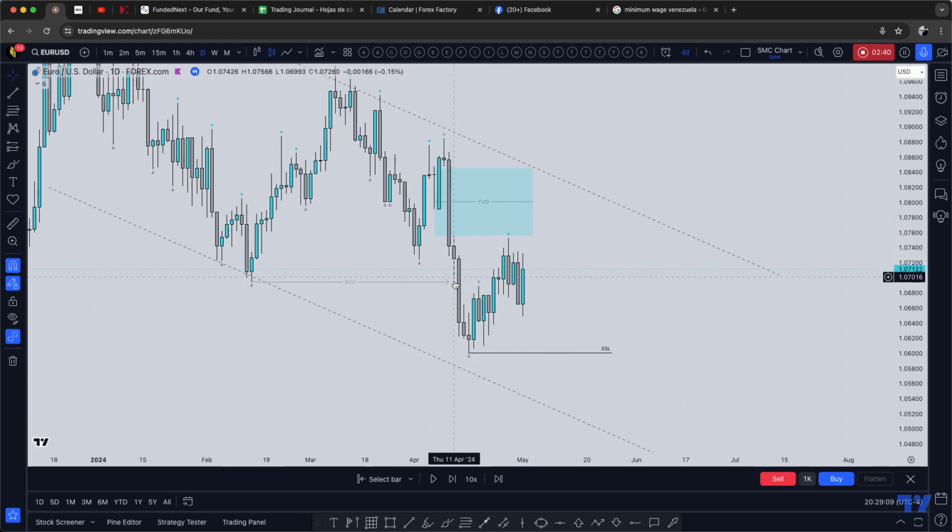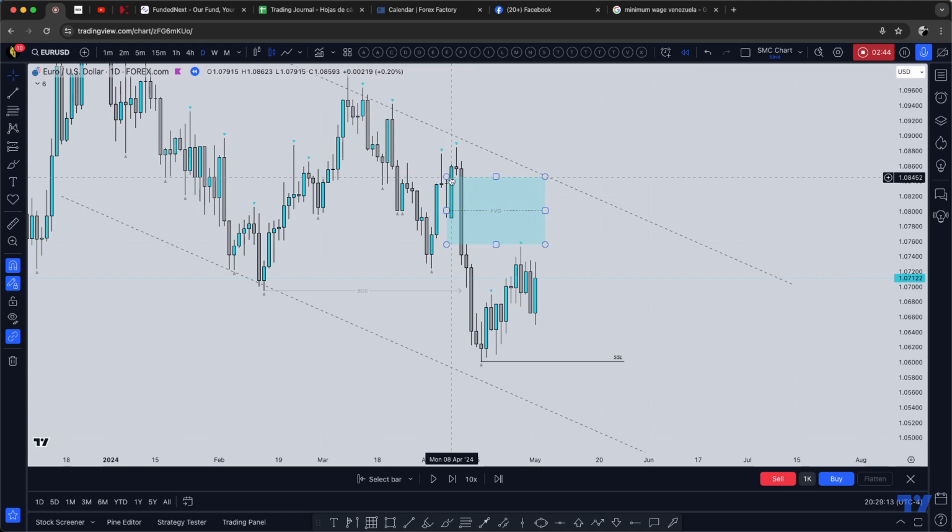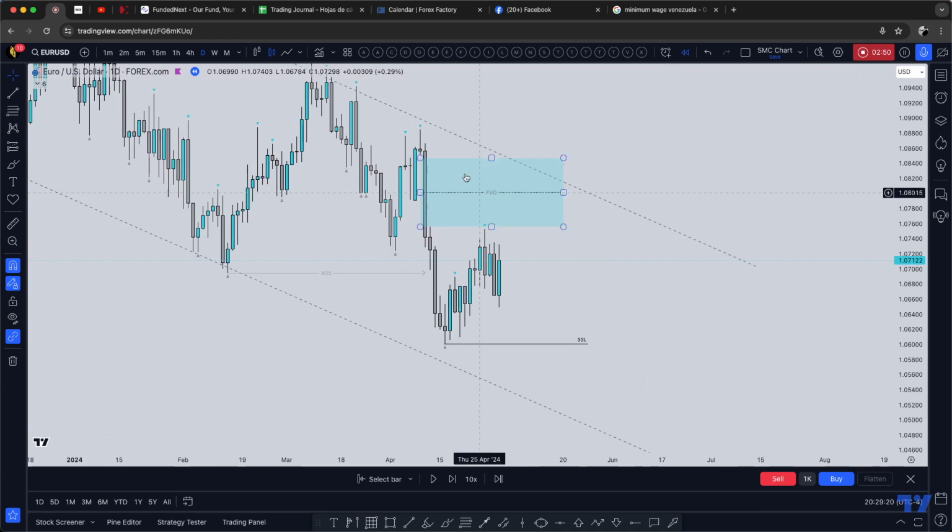So after the price sweeps external liquidity, where do you think price is going to go next? Well, probably it is going to go for internal liquidity, which is what? A fair value gap, okay? Now, the only one that I have here in higher time frame, in this same time frame daily, is this big daily fair value gap right there. So with that being said, I'm already expecting price to go up here and then probably sell off from here back to this external low right here.